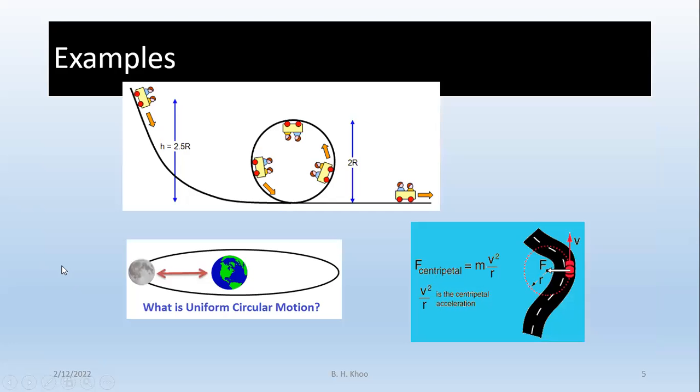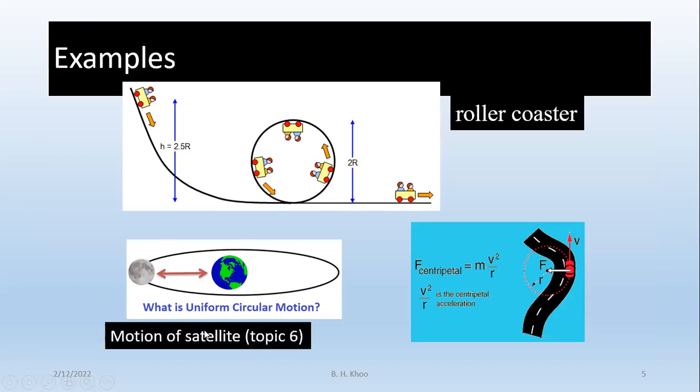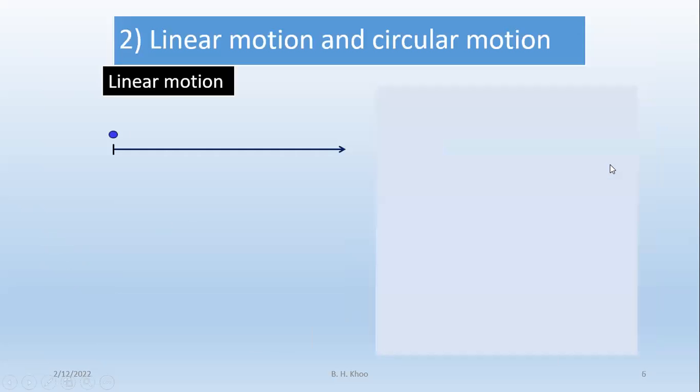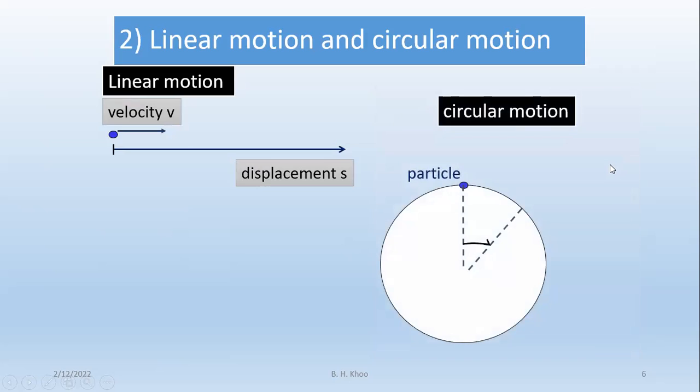Okay, so these are all examples: a roller coaster, motion of a satellite, topic 6, and car cornering. Linear motion and circular motion. In linear motion, we need the velocity. Circular motion also, we need the same thing.